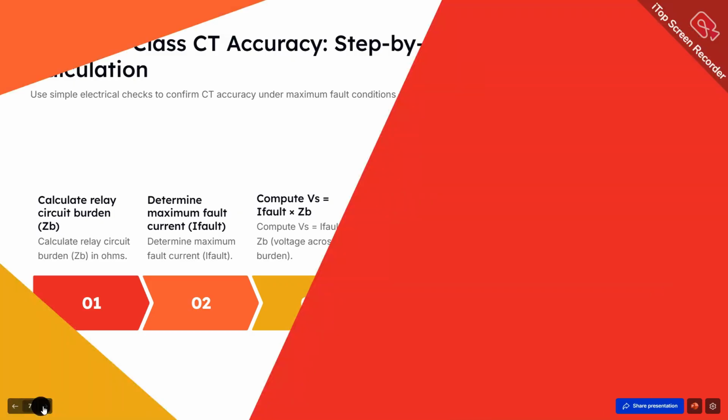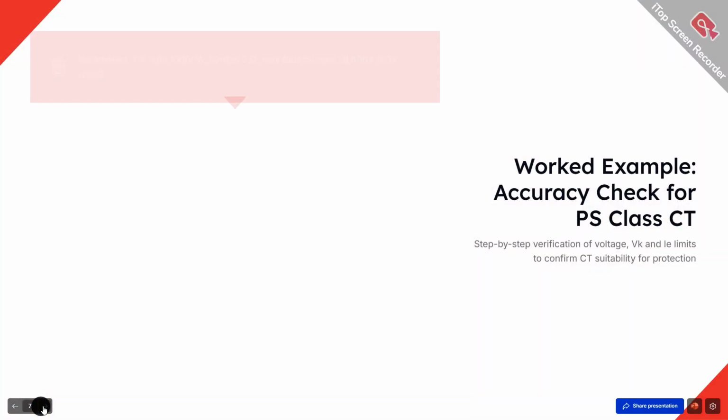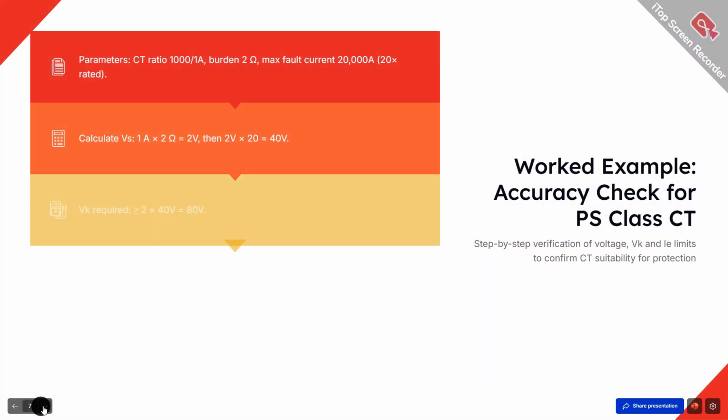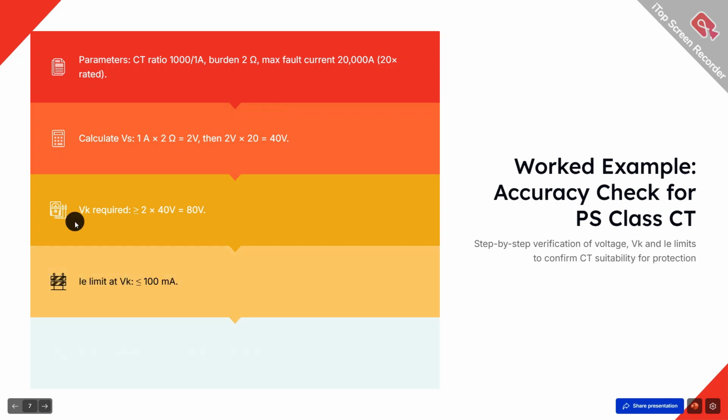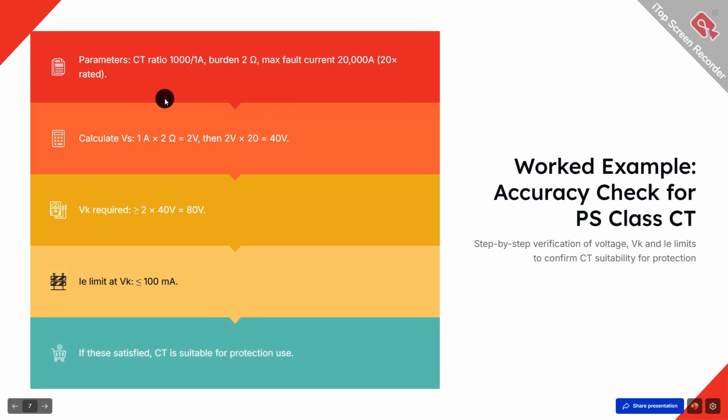One example, we can go for one example. Accuracy check for a PS class. For example, 1000/1 ratio, burden is 2 ohm, and fault current is 20,000, that means 20 times. So at normal condition, VS is 1 ampere normal current times 2 ohms burden, so the result is 2 volt.